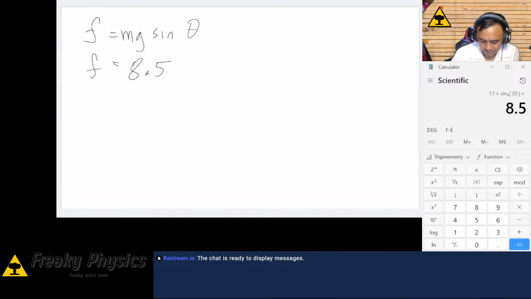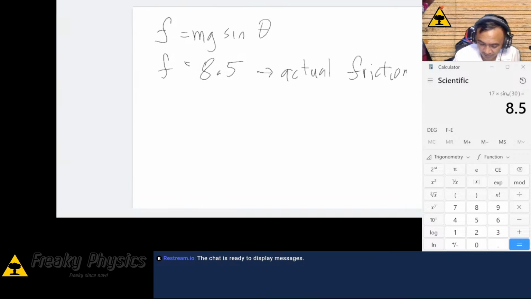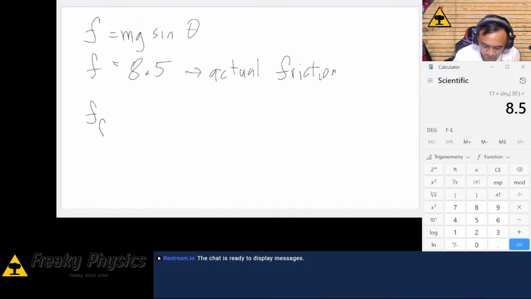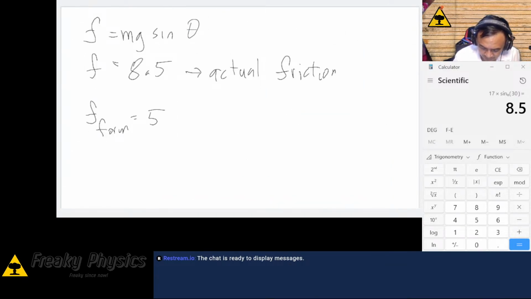Now, this is the actual friction. This 5.89 is via the formula, so F formula equals 5.89.